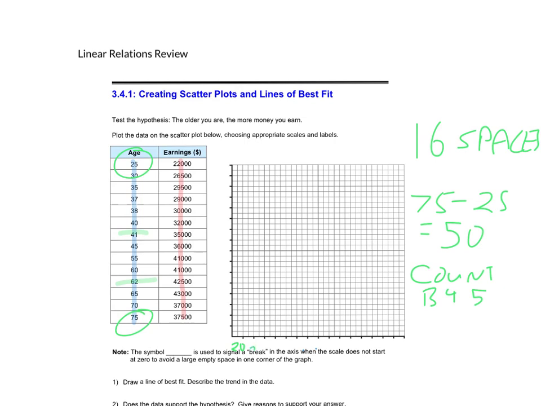So 20, 25, 30, 35, and so on, all the way up the graph. You'll do the same idea for the lowest earnings of 22,000 all the way to the highest earnings, which is 43,000. And that will be done to put our earnings on the y-axis.